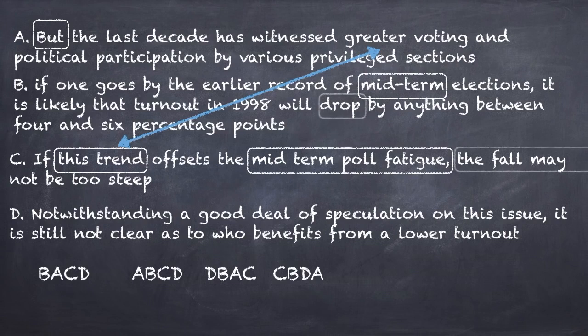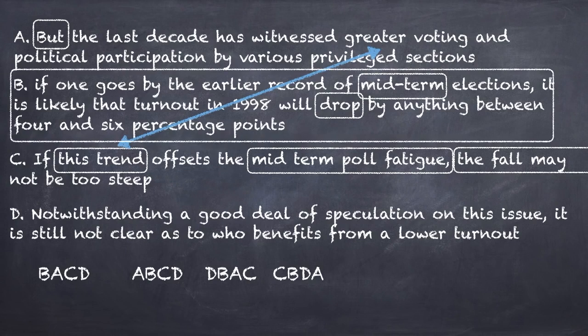If I spot that, my answer is limited to either option 1 or option 3. So if one goes by the earlier record of midterm elections, there is a drop, but there is a contradiction: the last decade has witnessed greater voting. If this trend, so I know BAC is a pair, in continuation of each other. So BAC I know is there.